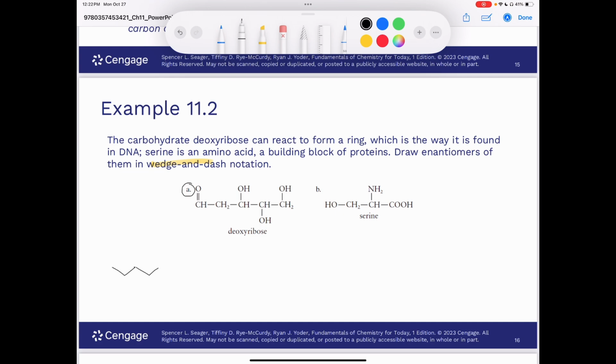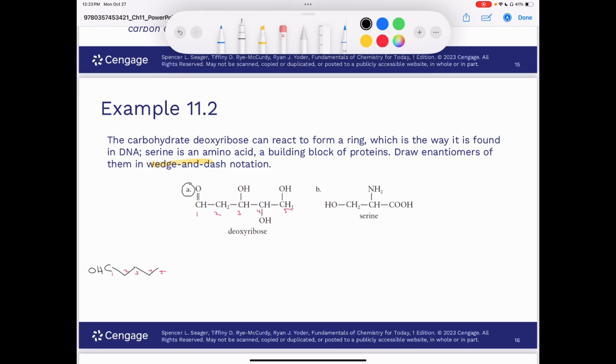So 1, 2, 3, 4, 5. And so if I number these as carbons 1, 2, 3, 4, 5, like that, you can see on carbon number 1, we have our aldehyde. I'll abbreviate that CHO. On carbon 2, we have a CH2.